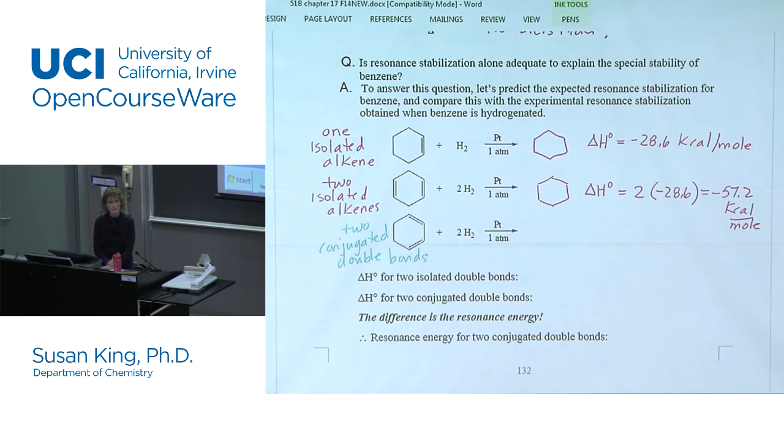We know that when double bonds are conjugated, they're more stable, so we might expect this to give off less than 57.2. And indeed it does. So here's the product. Delta H naught equals minus 55.4 kcals per mole.